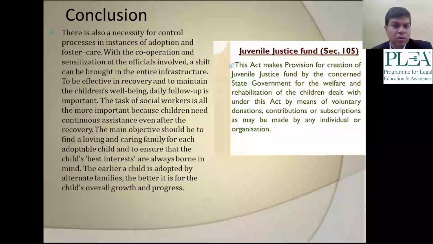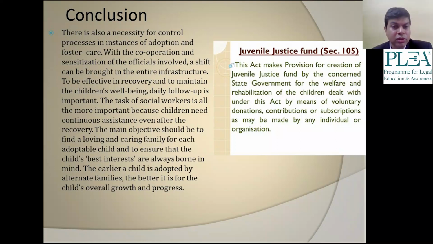Conclusion. So there is always a necessity for a control process in instances of adoption and foster care. With the cooperation and sensitization of the officials involved, a shift can be brought in the entire infrastructure. To be effective in recovery and to maintain the children's well-being, daily follow-up is important.